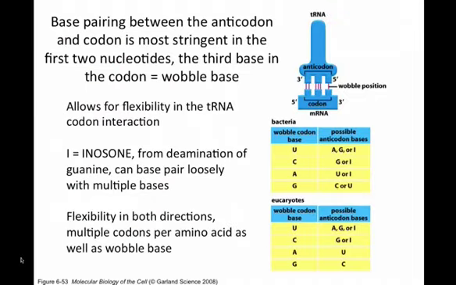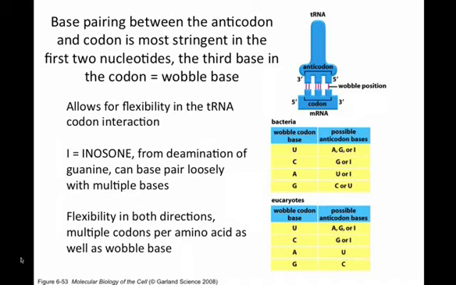Okay, so I said something about base pairing between the anticodon and codon. You know what the codon is, that's in your RNA sequence. And the anticodon is that bottom part of your tRNA that's going to be base pairing and recognizing your codon.